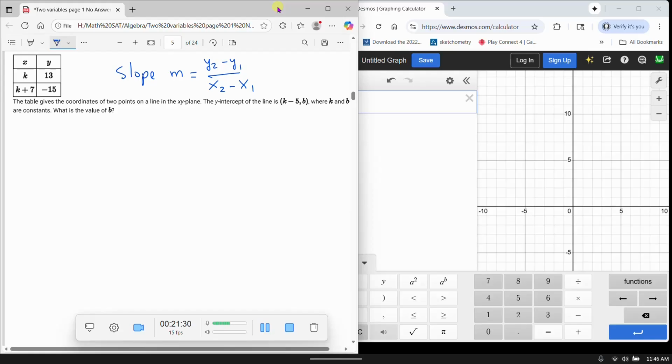This can be my x1, y1, and this is going to be my x2, y2 from the table. So I'm going to find the slope.